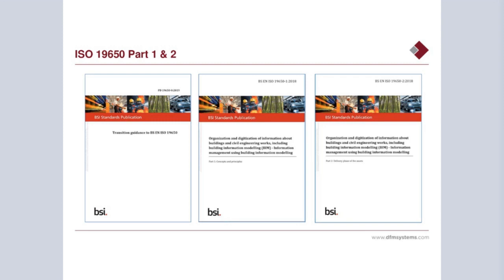Now, to do that, obviously, we need to work to standards, and the current standards that we are working to in relation to building information is ISO 19650 parts 1 and 2. For anyone familiar with ISO 19650 or the old PAS 1192, it's a standard that's mainly adopted in relation to BIM or 3D modeling.